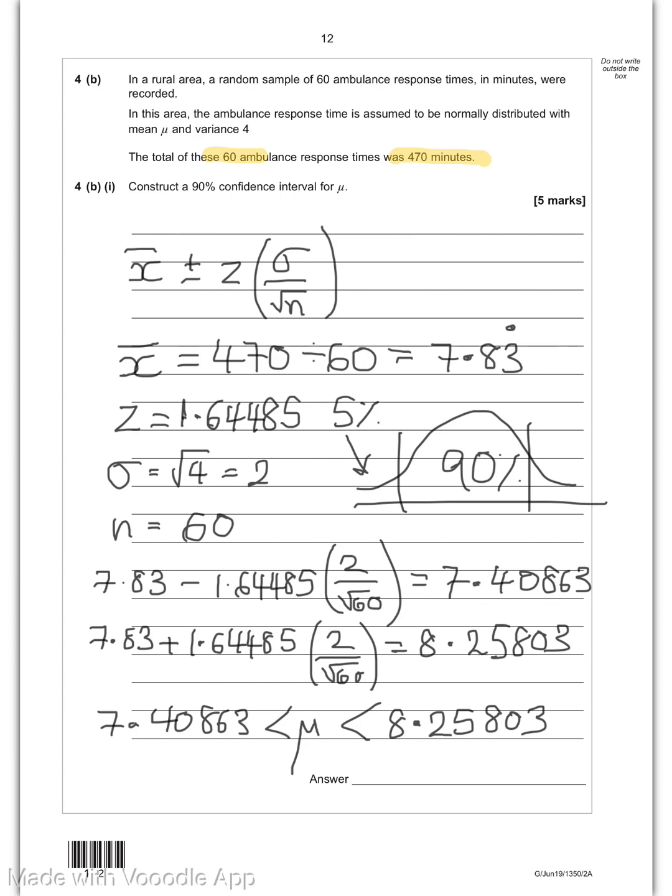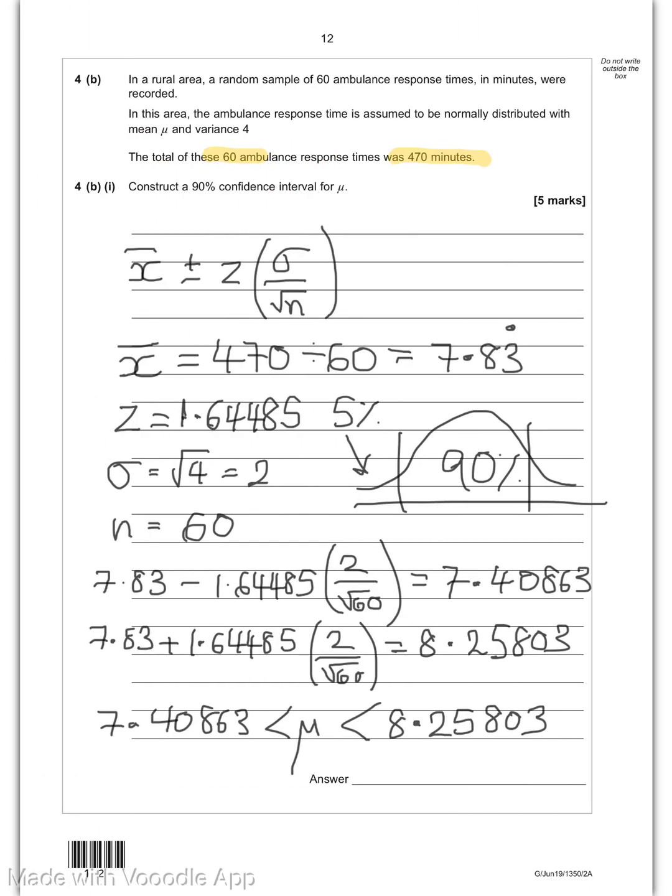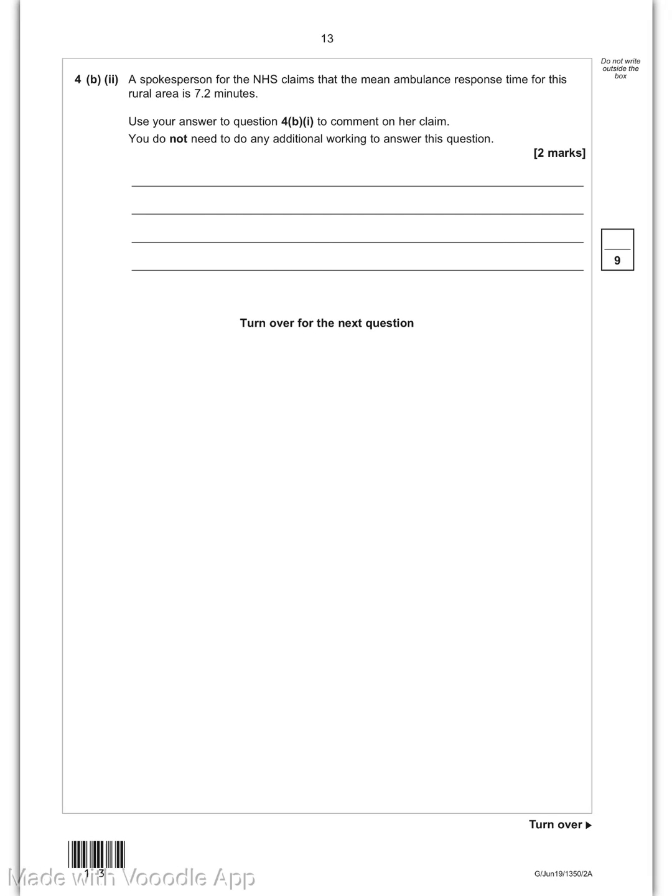Okay. Then in the next question we're asked to comment on whether the mean ambulance response time is 7.2. And if we have a look at our range, 7.2 is not in this range. The lower level is 7.4. So 7.2 is below the range.